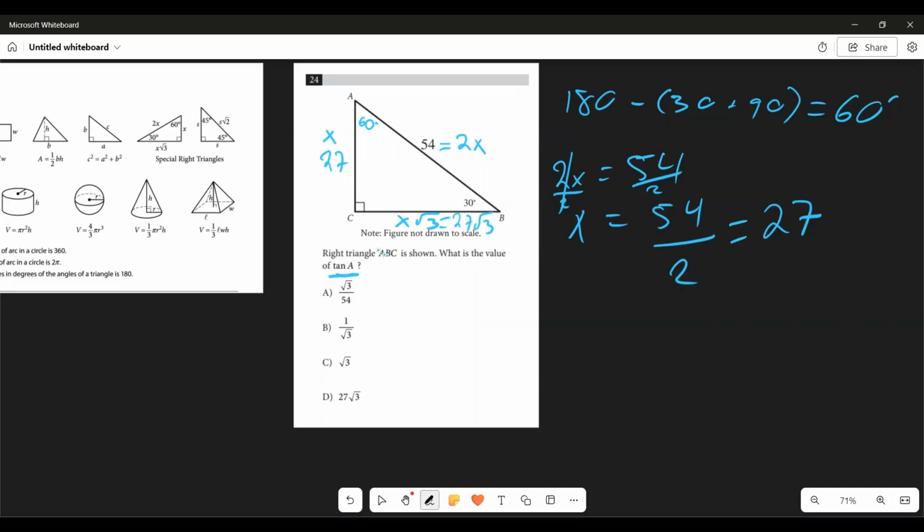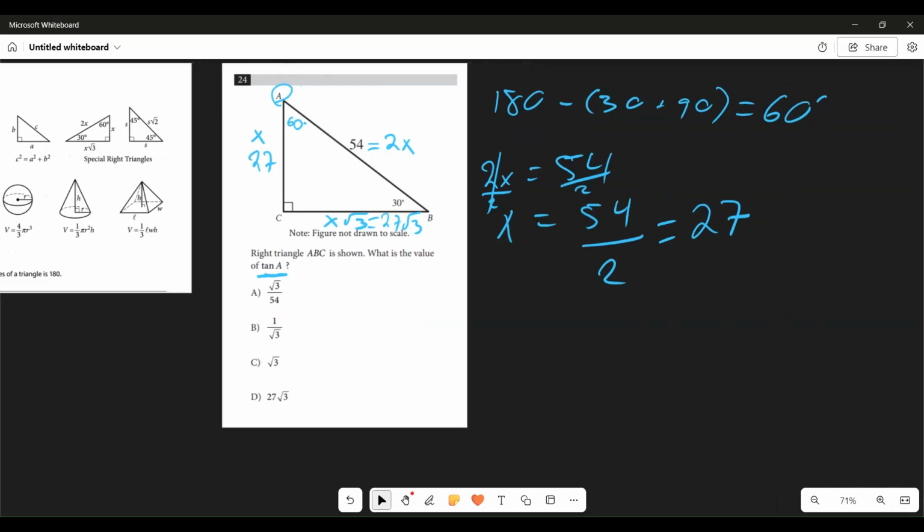Now what do we have to do? We need to figure out what tan A is. Here's our angle A. What is the tangent of that? You might have heard this phrase in your geometry class, or maybe trigonometry. It's called SOHCAHTOA. This is basically for figuring out the ratios of side lengths to angles in a right triangle.